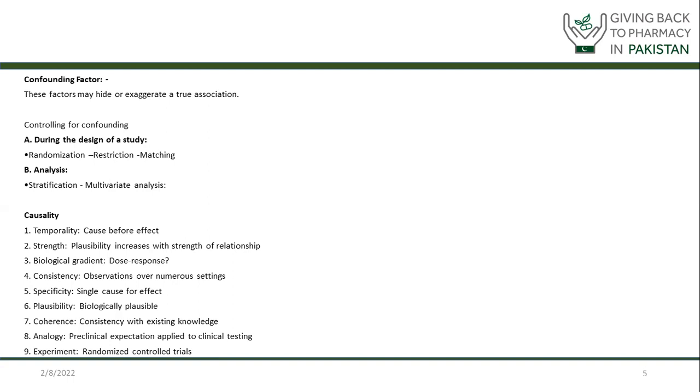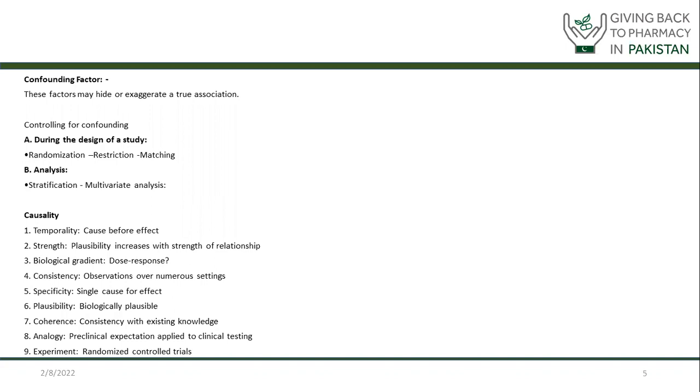So we should remember, if we are studying hyperacidity in a person, then we should see whether he's a smoker or not, whether he's taking spice less or more, what type of food he's taking, junk food, or whether he's taking salad or not. To get a better internal validity, we have to control the confounding factors.